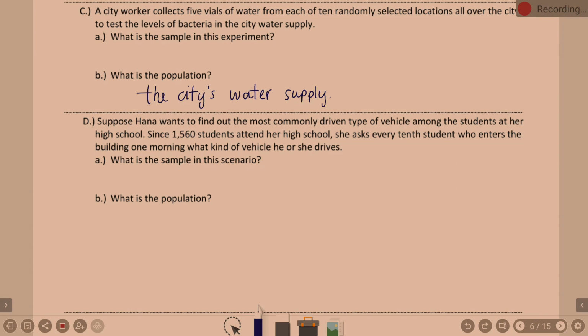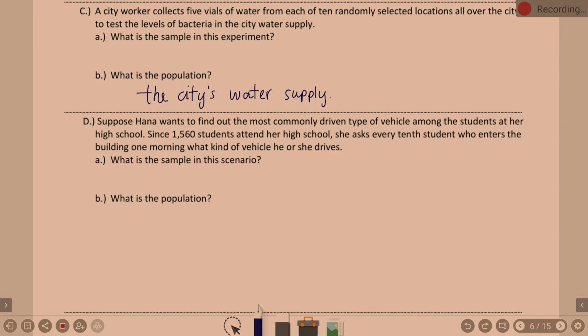Okay. How many vials is that collected? 5 vials from 10 locations. So there's 50 vials collected there. Okay. Ultimately, it comes down to the random vials collected, right?